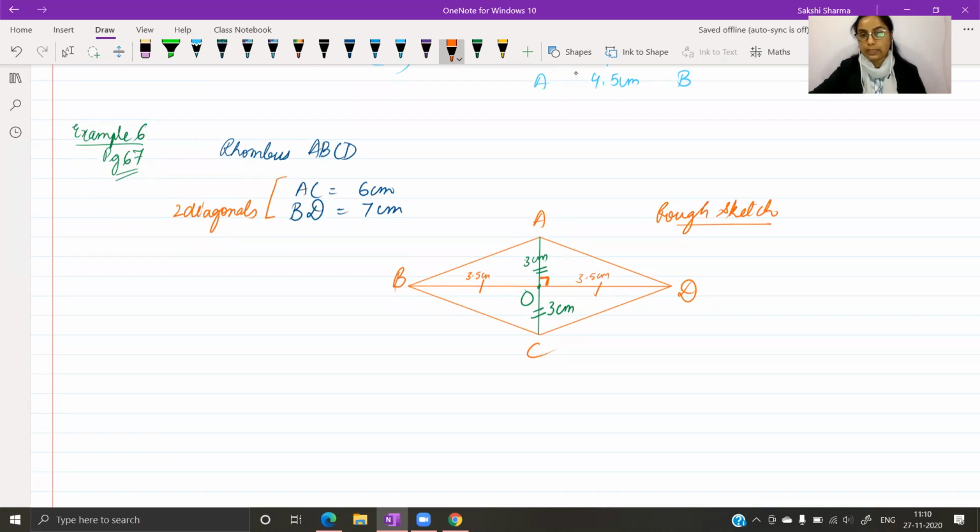If you have drawn the rough sketch, we will start with the construction. Let me know. Anyone who's writing down? Ma'am, please wait. Okay.